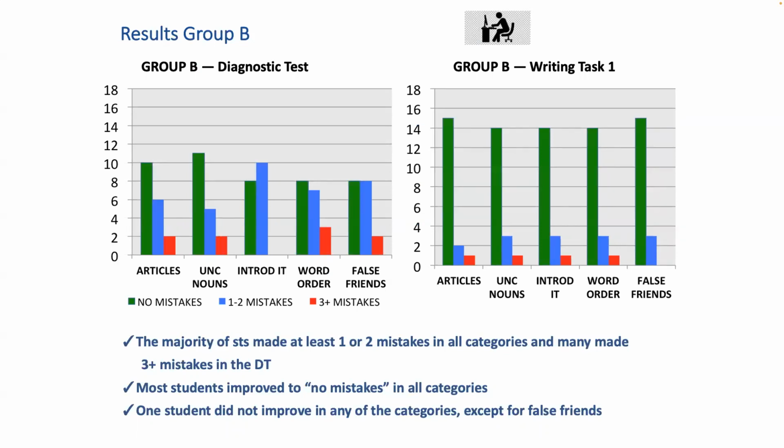However, the results between Group A and Group B were not very different, because the majority of students, again, made at least 1 or 2 mistakes in all categories, and had made more than 3 in the diagnostic test, so they improved. Most students also improved to no mistakes in all categories. And only 1 student did not improve in any of the categories except for false friends.